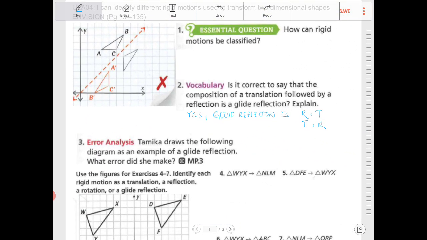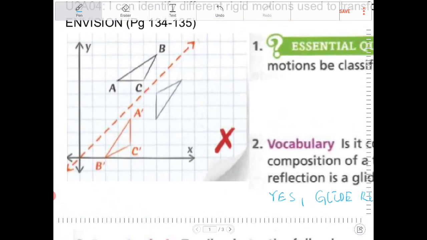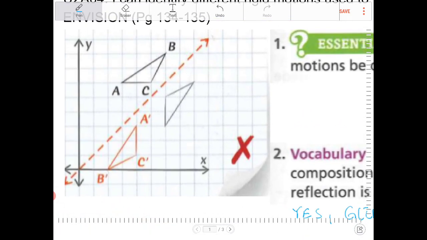So glide reflection is reflection and translation, or translation and reflection. Notice here, this is C prime, B prime, and A prime.